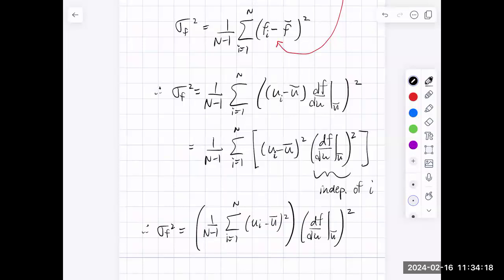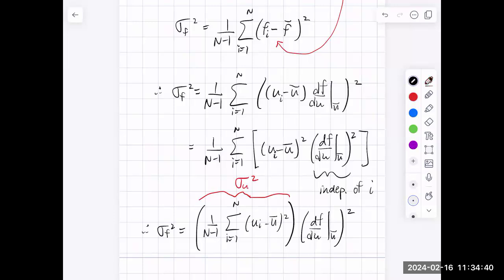Okay. What's this thing in the first set of brackets? Exactly. That's exactly what it is. So this is sigma u. It's the standard deviation of u squared because we don't have the square root in there. Okay.